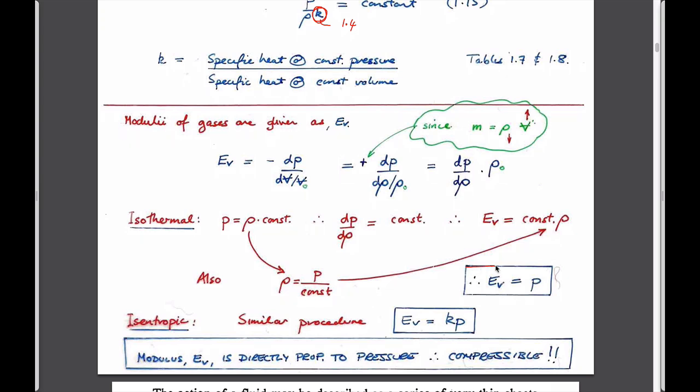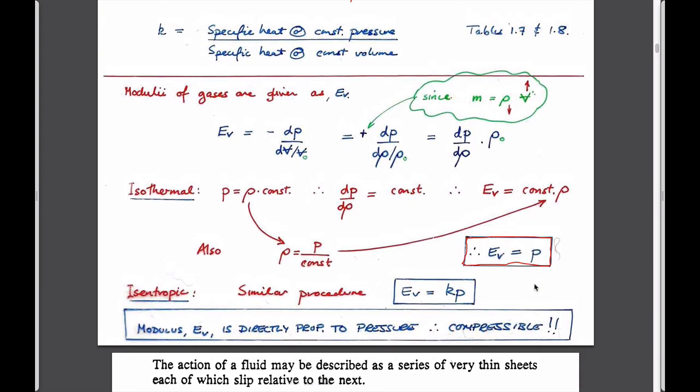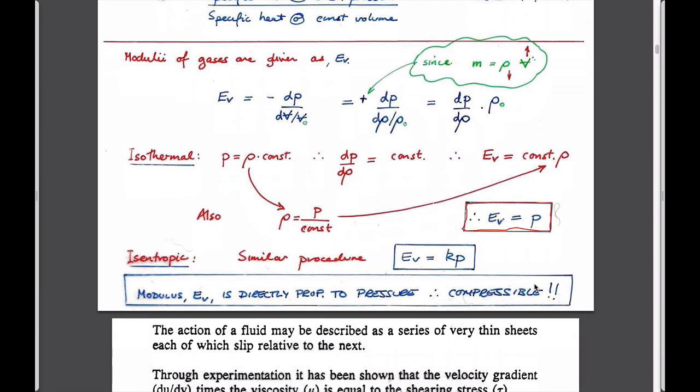But one interesting quirk of that, I guess, is that surprisingly, or perhaps interestingly, the bulk modulus of a gas is equal to the pressure. So the bulk modulus of the air in this room is equal to 103 kPa, which is atmospheric pressure. Right? So material properties, ideal gas law, compressibility, two properties.